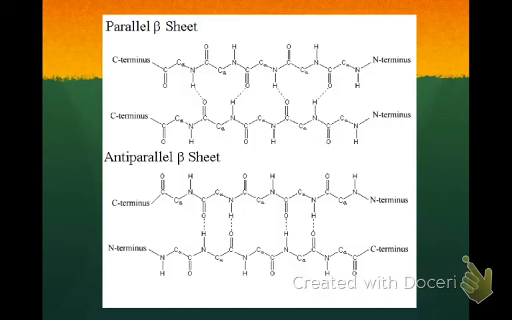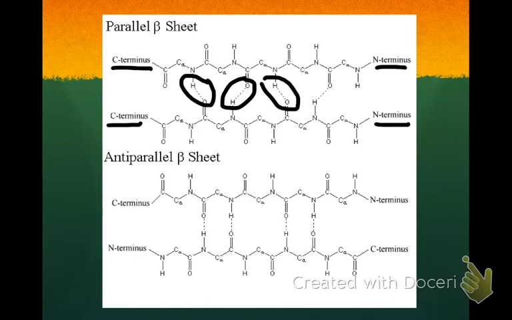The beta pleated sheets can also take two forms. One would be parallel beta sheets, and the other would be anti-parallel beta sheets. And all that means is that in parallel sheets, the N-terminus ends line up together, and the C-terminus ends line up together, and you have hydrogen bonding occurring like so.